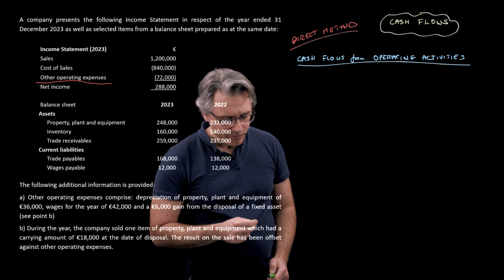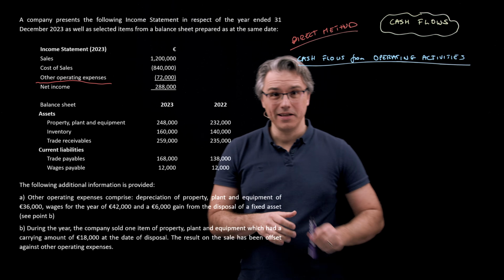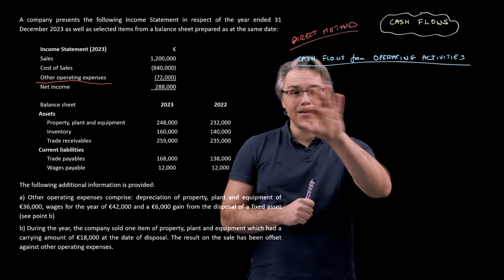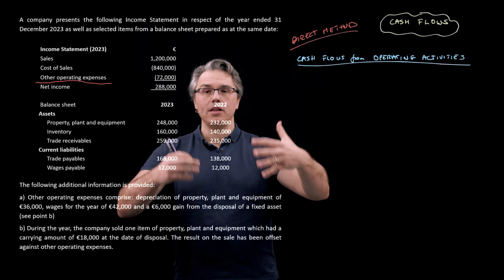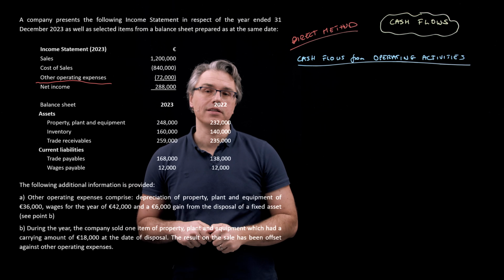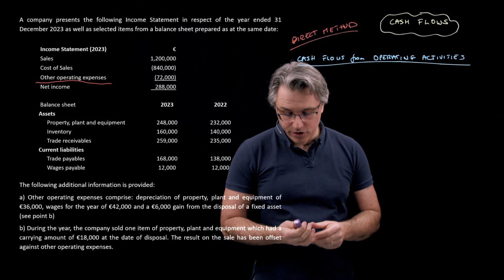Now, under the direct method, what happens is we write out, or we compute and present line by line, the different ways in which the company generated cash inflows associated with its operations or operating activities, and what it's spent cash on.